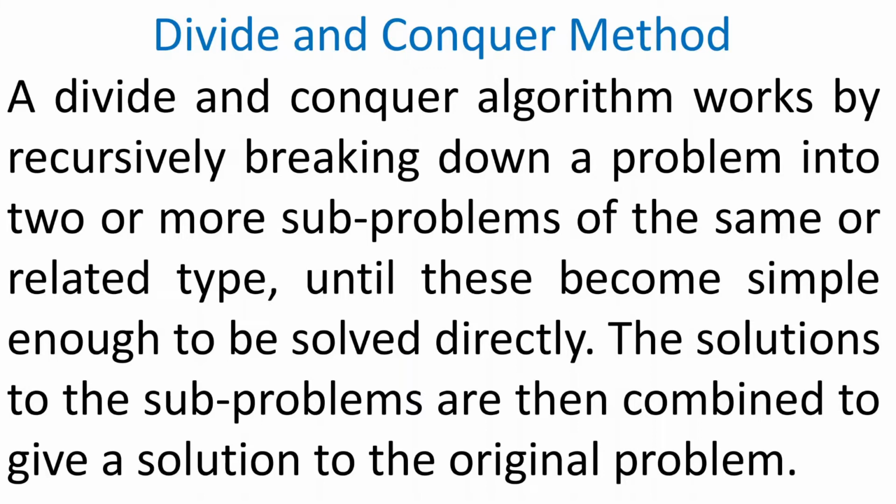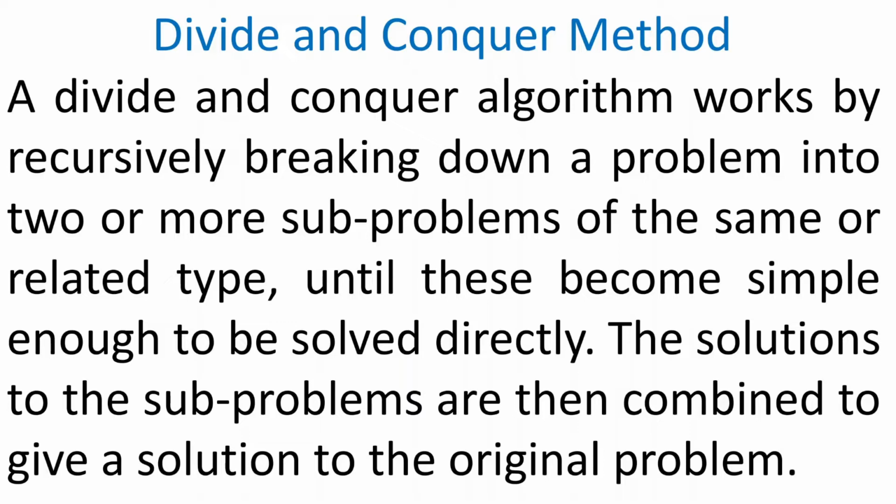A divide and conquer algorithm works by recursively breaking down a problem into two or more subproblems of the same or related type until these become simple enough to solve directly. The solutions to the subproblems are then combined to give the solution to the original problem.